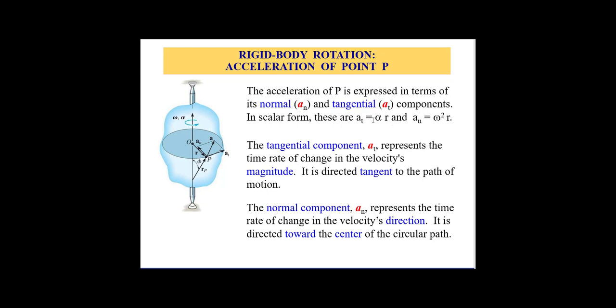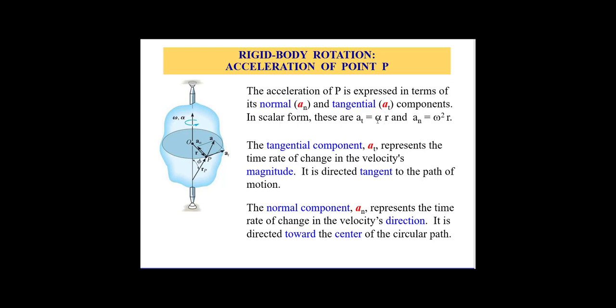These are magnitudes, so the direction of the tangential is in the direction of the angular acceleration, and the normal is always pointing toward the axis of rotation. Together they give you the magnitude of the acceleration, which is the square root of these two components squared.